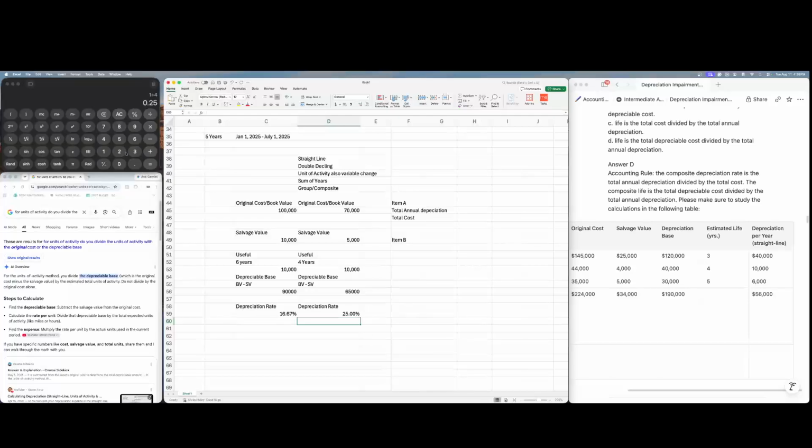Then you can calculate the annual depreciation. So 90,000 times 1667.